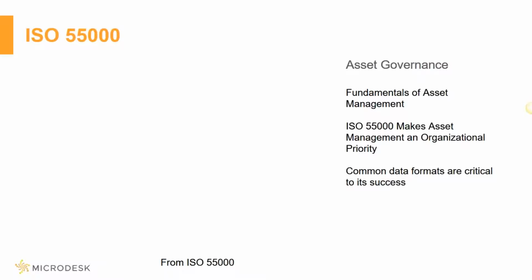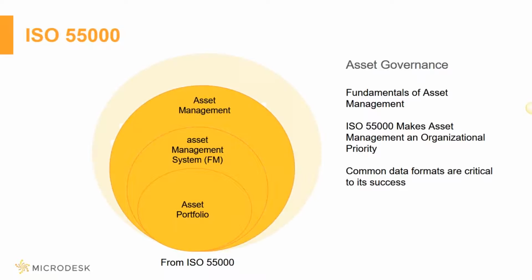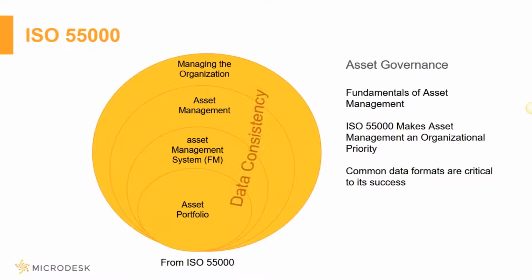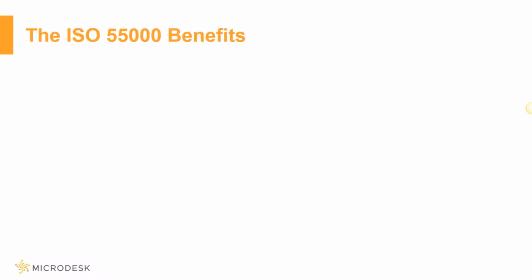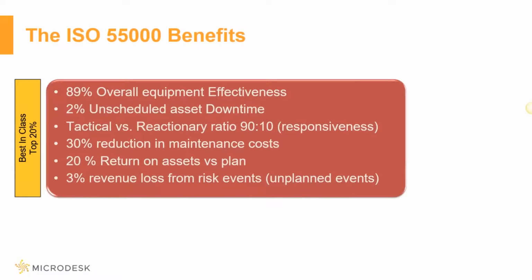So what are the benefits of putting in an ISO 55K compliant system? The best of breed companies out there will have these kinds of measurable results. 2% unscheduled asset downtime, that's a pretty admirable metric to achieve. The tactical versus reactionary ratio, meaning that you are planning all of your work and you're not in emergency response.